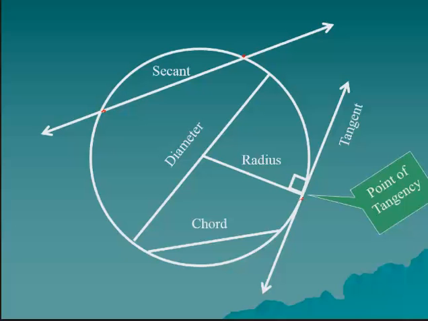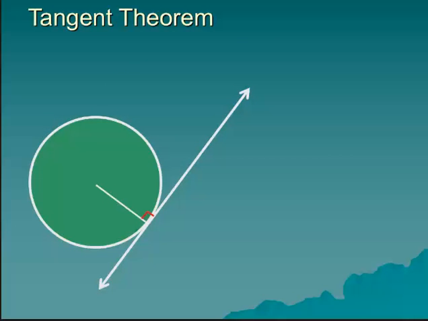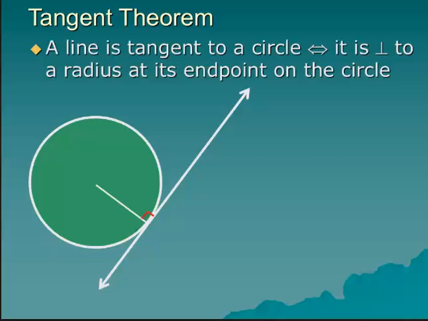Okay, so we have a theorem that says that. The tangent theorem. It says a line is a tangent to a circle if and only if it is perpendicular to the radius at its endpoint, the radius's endpoint on the circle. So if you have these two things come together, the radius and the tangent, they will form a right angle.